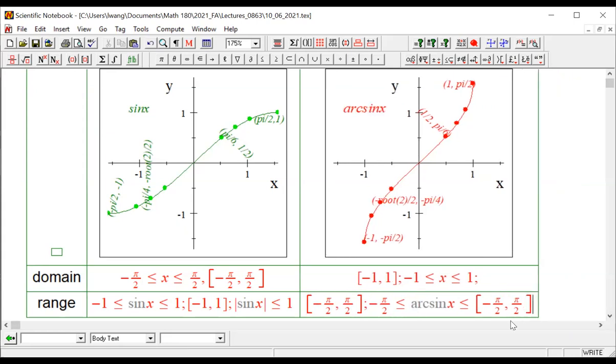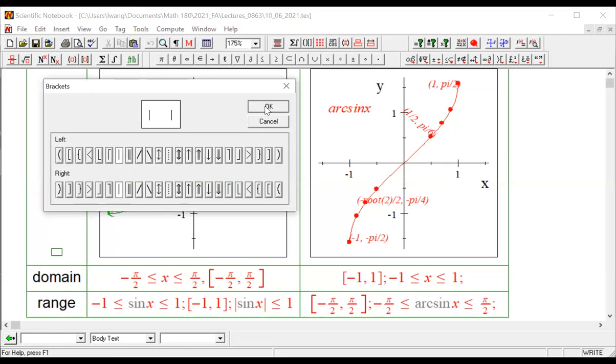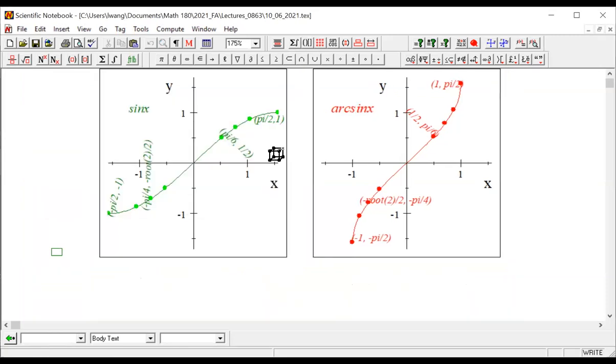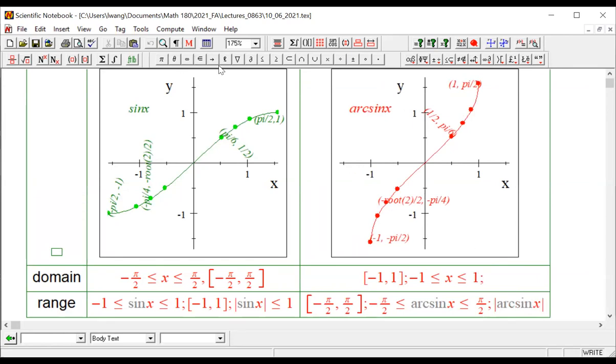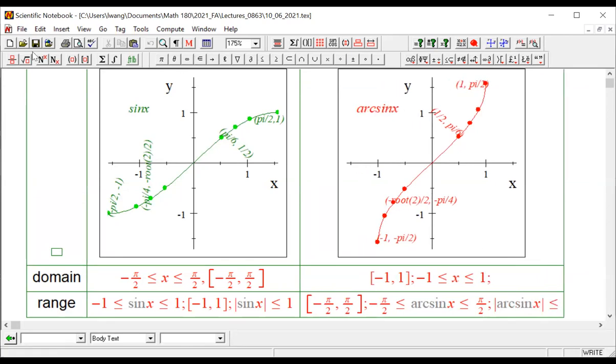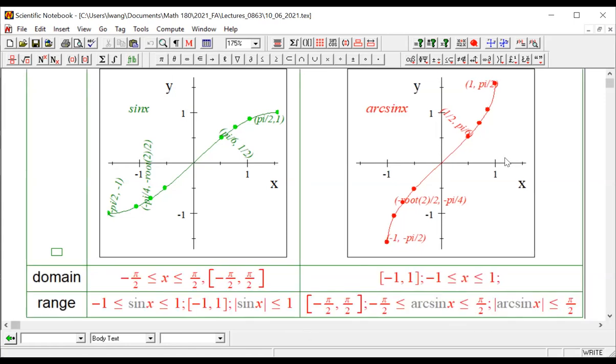Okay, I'm kind of making some adjustments. So this is the other form. And one more form: ArcSine of x, the absolute value is less than or equal to pi over 2. They are all the same.